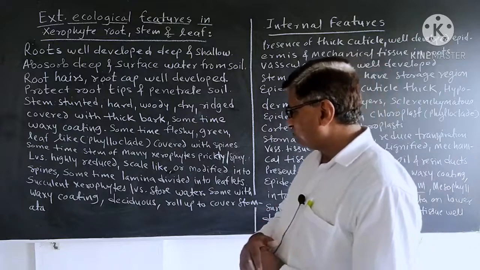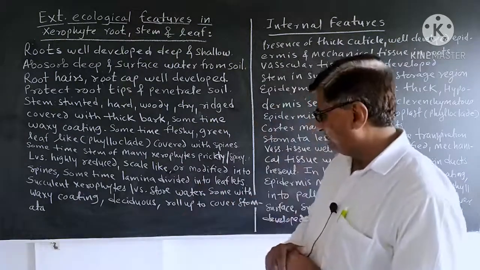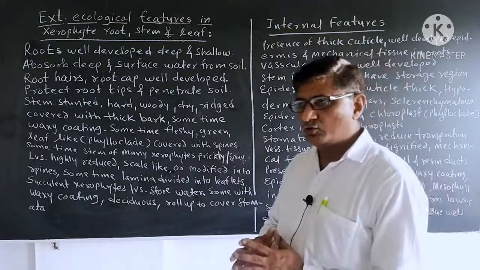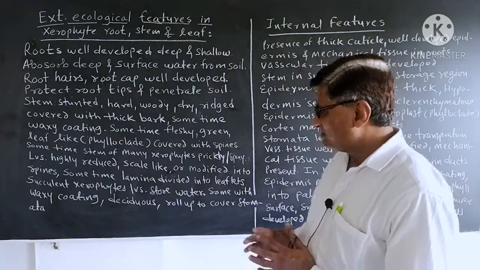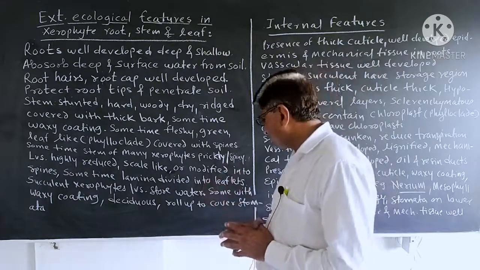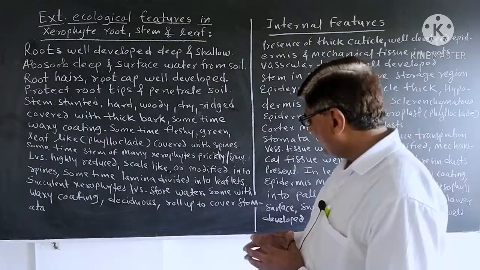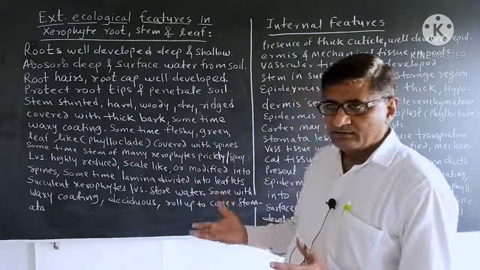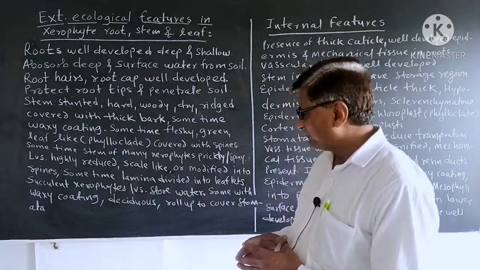In the case of succulent xerophytes, the leaves have a storage region that helps to store water, and that is why succulent xerophyte leaves become fleshy or soft. Some xerophytic leaves have a waxy coating, which can check the rate of transpiration.